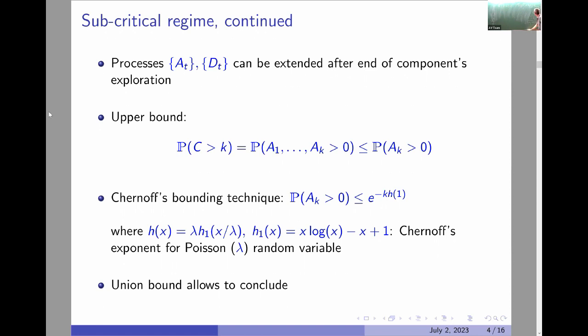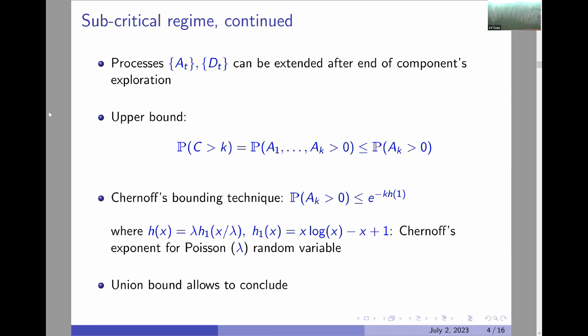And now I can use the upper bound, and this is less than n e to the minus h of 1 times alpha times log n. So that is n to the 1 minus h of 1 times alpha.